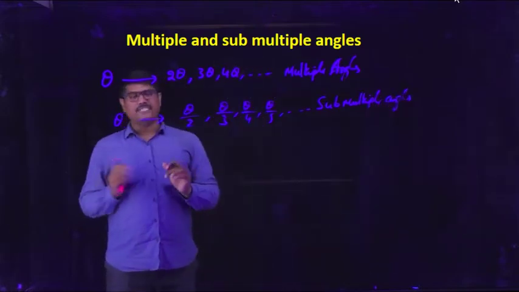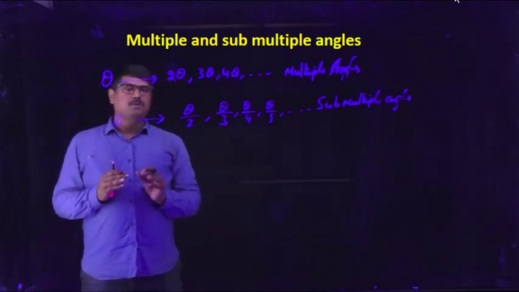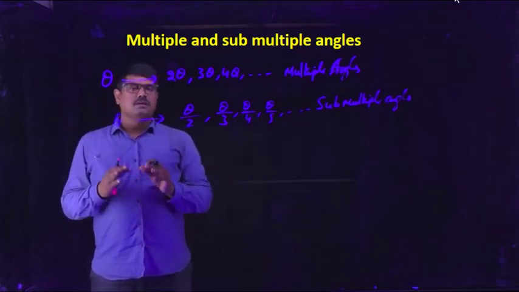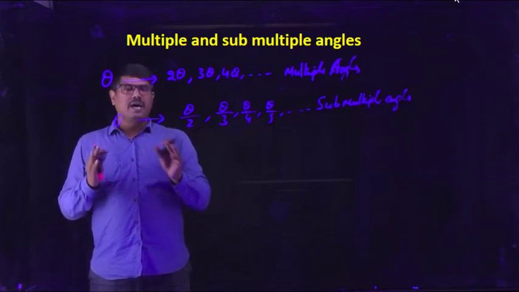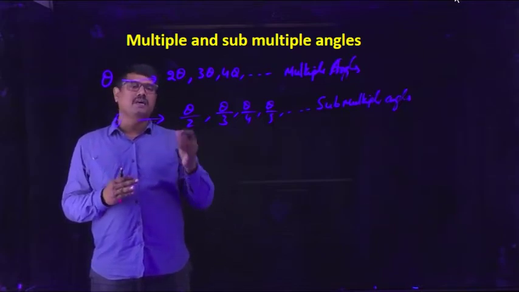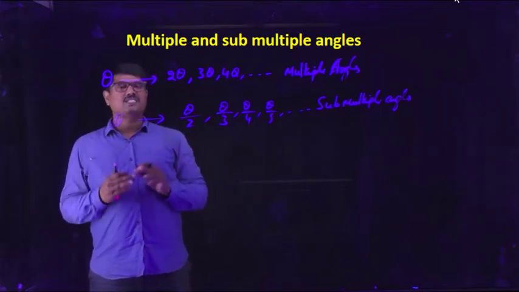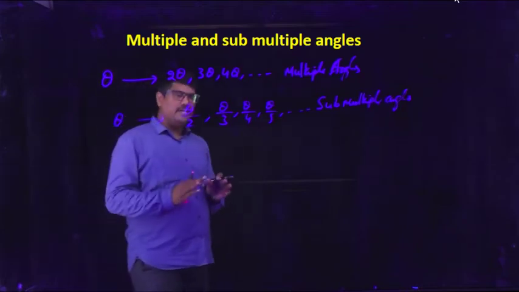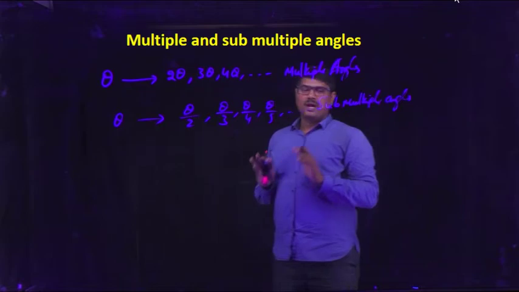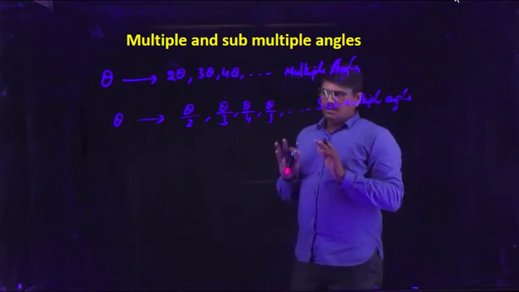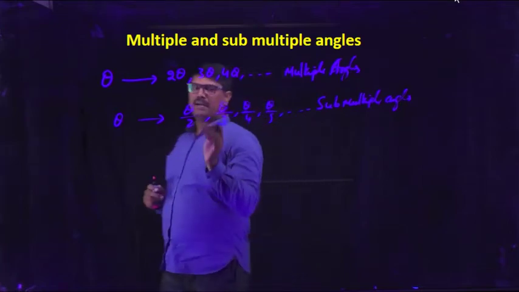In our previous topic, we learned about compound angles, a plus b, a minus b, and the formulas of trigonometric ratios for a plus b, a minus b and a plus b plus c. In this topic, we are going to define multiple angles and submultiple angles and verify some problems related to them.